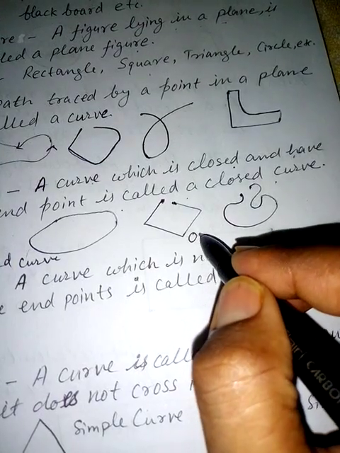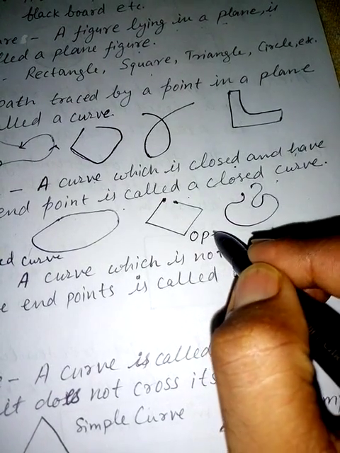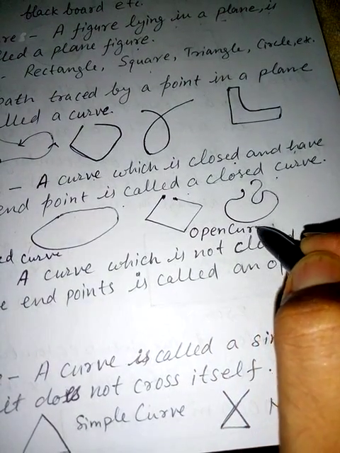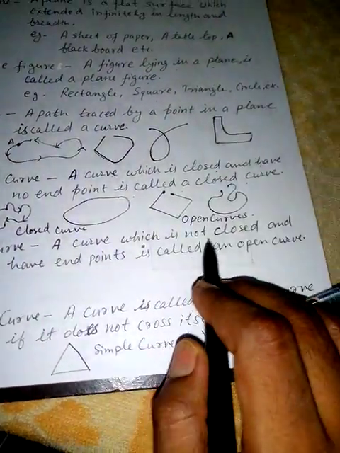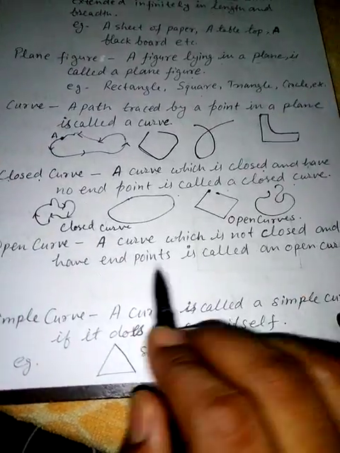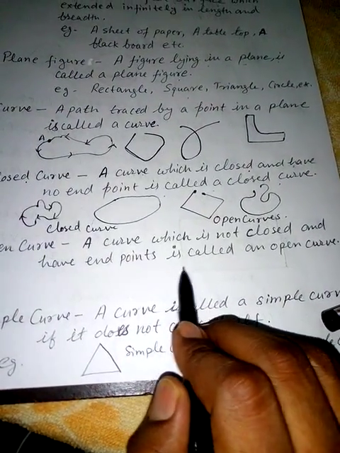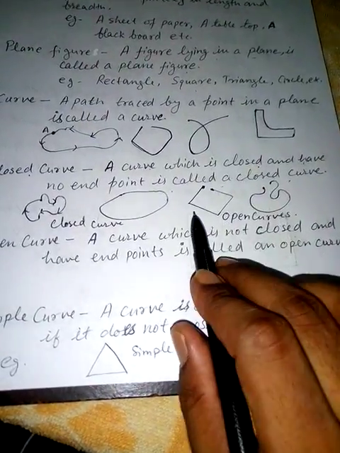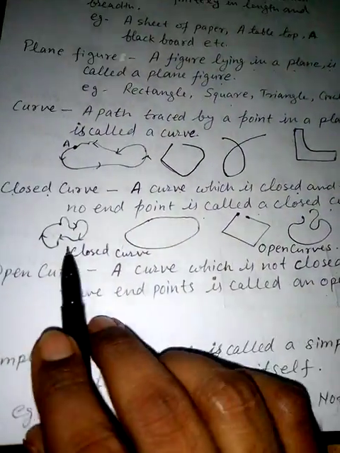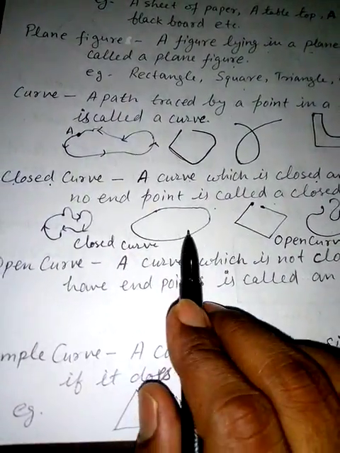These are open curves. A curve which is not closed and has endpoints is called an open curve. These are open curves and these are closed curves.